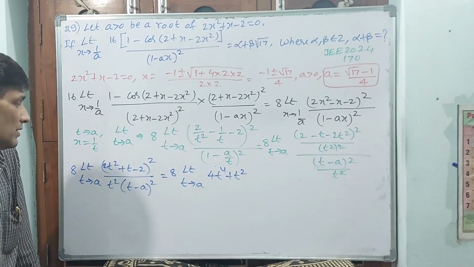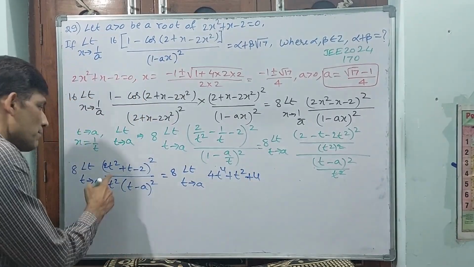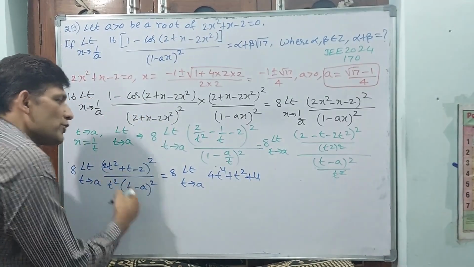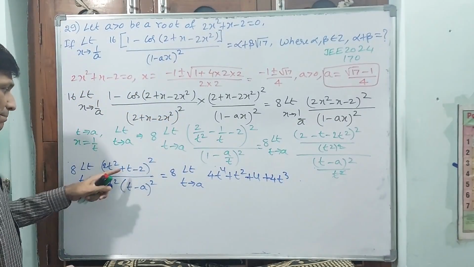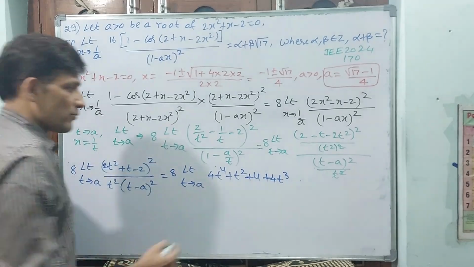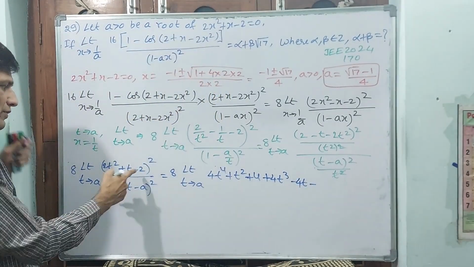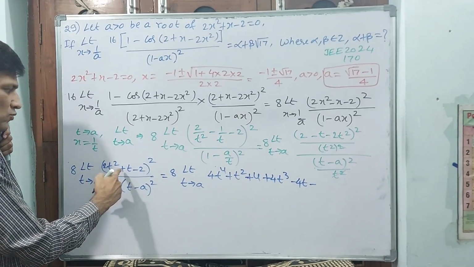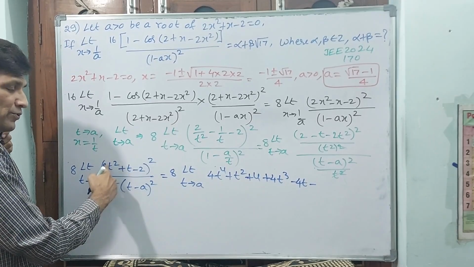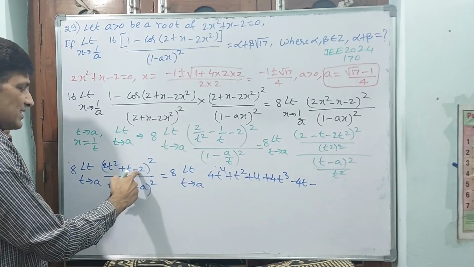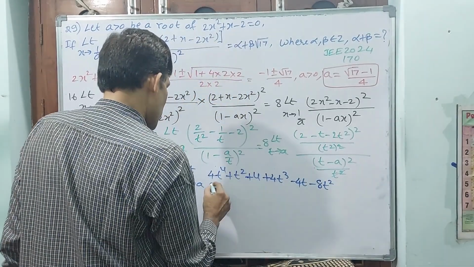Okay, c square plus 4, plus 2 into 2 4t cube plus 4t cube plus 2ab minus 2bc, 2 into 2 4 minus 4t, minus 2ac. 2ab, 2bc, 2ac. 2ac means 2 into 2 4 into 2 8, minus 8t square. Okay, see this is numerator.